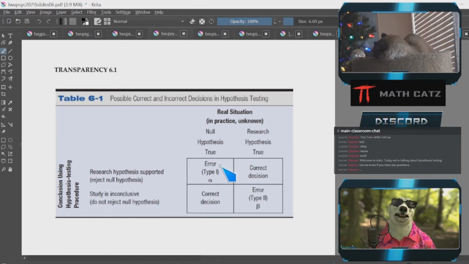That is a mistake. We'll call that a type 1 error. And we've seen before alpha is the probability of being in that extreme cutoff region. Alpha will be the probability of making a type 1 error. Of course, if the null hypothesis is true and I'm not in that extreme case by way of my sample, we do not reject the null hypothesis and that decision is correct.